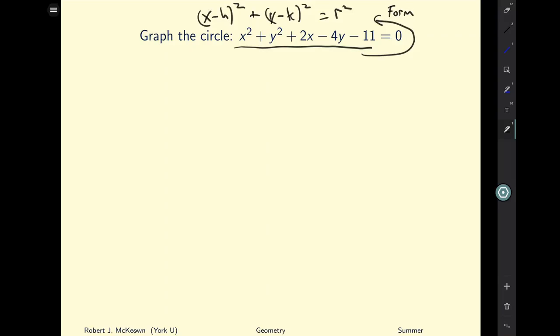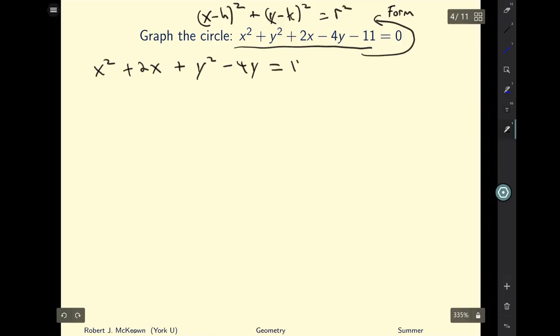Well, the first thing we can do is take care of this negative 11. We can add 11 to both sides of the expression, and then I'm going to move terms that are similar to each other closer together. So we're going to have our x's together, x squared plus 2x plus y squared minus 4y.